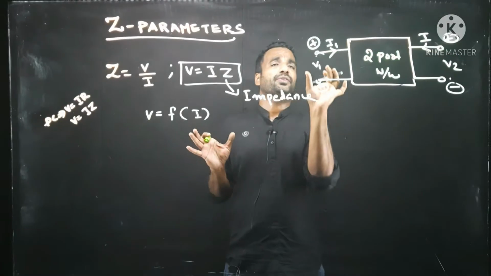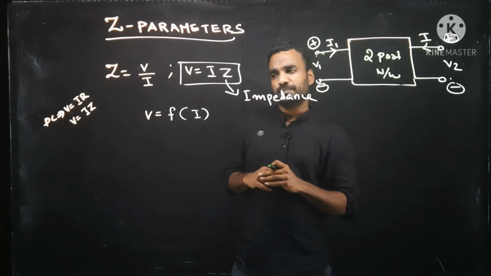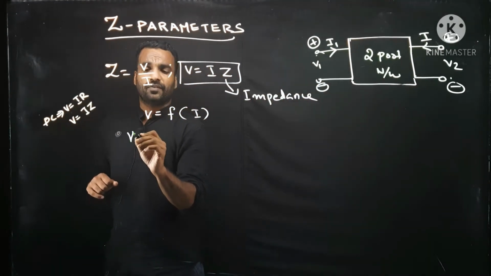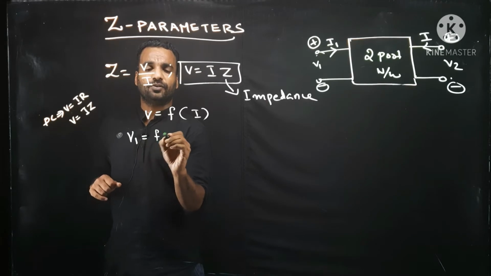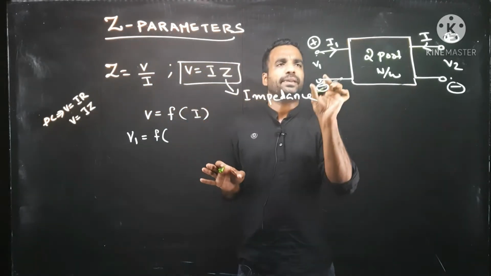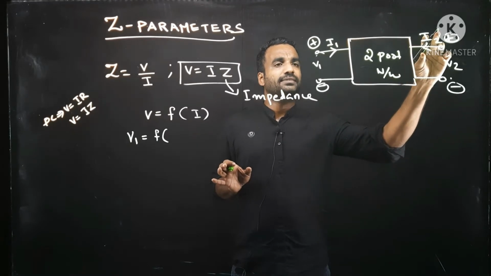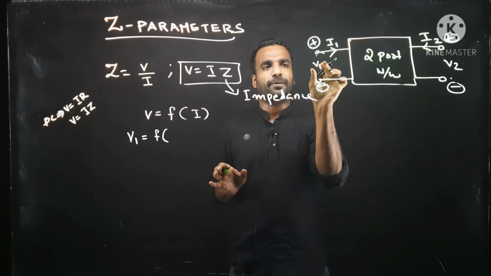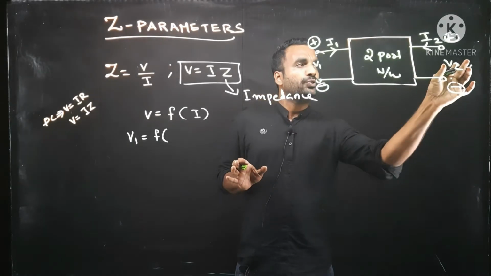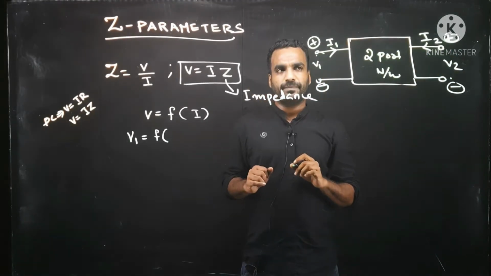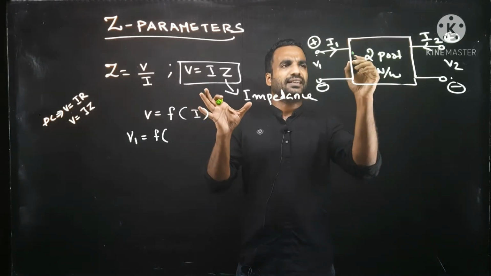Now here we have two voltages, V1 and V2. Generally V is a function of current I. V1 depends on I1, and if I2 changes, that also affects V1. And V2 depends on I2 and I1, because there is a circuit inside.